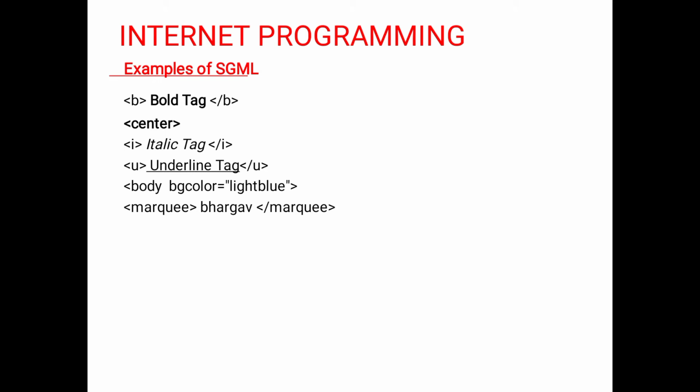So these are the basic tags of HTML: B in the sense of the bold tag, the center tag, italic tag, underline tag, body background color, and marquee tag, right? So these are some basic tags which are used in the HTML concept.